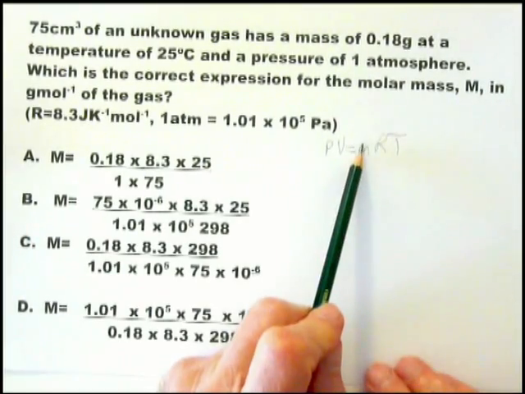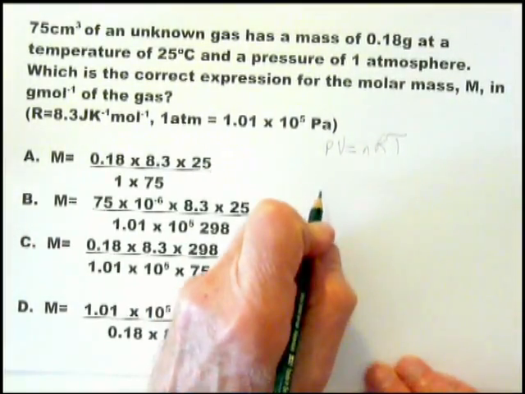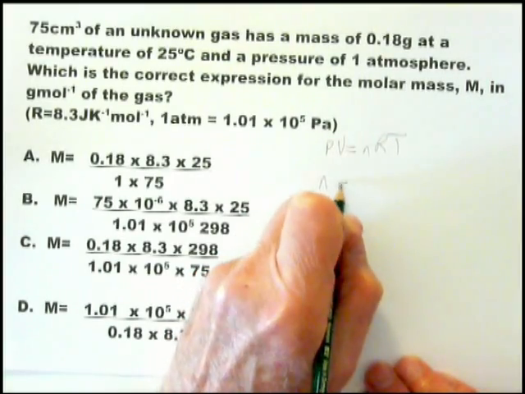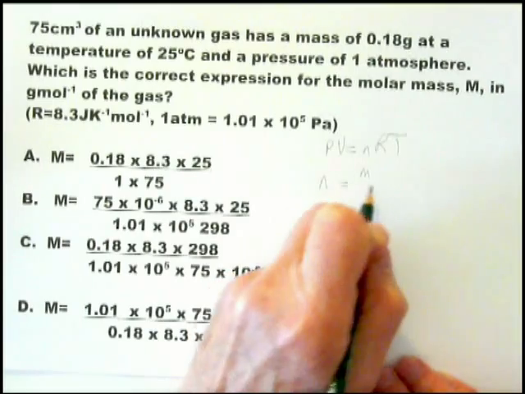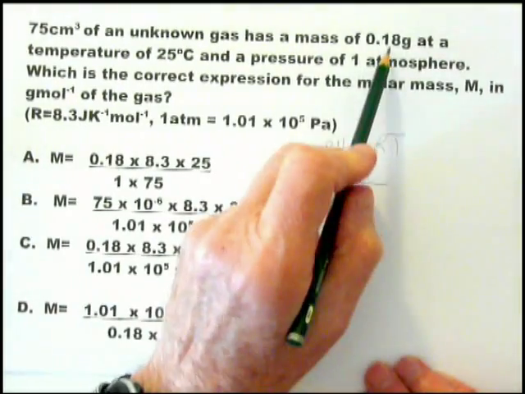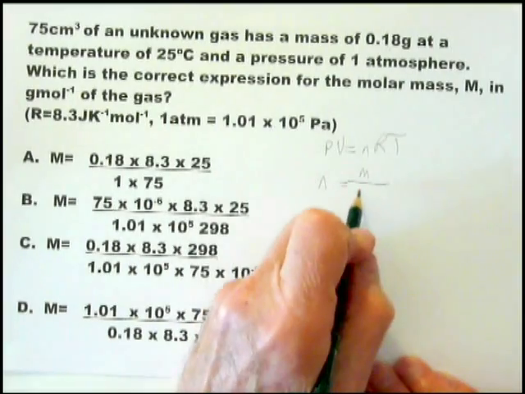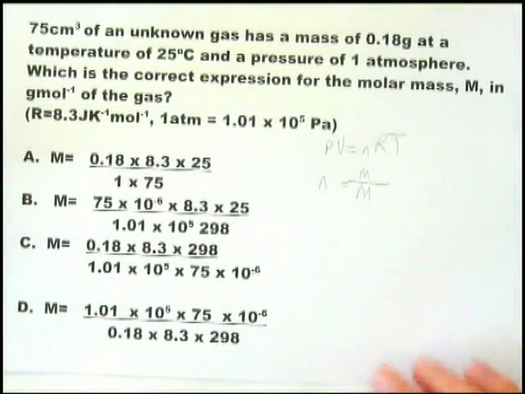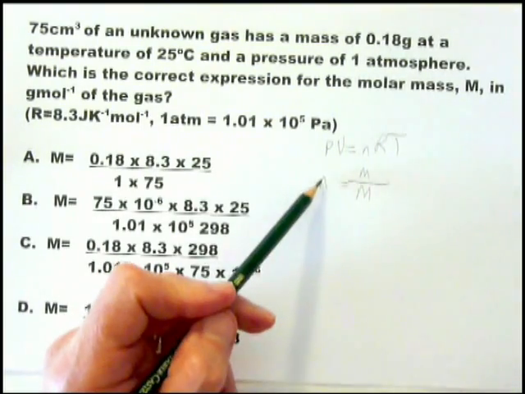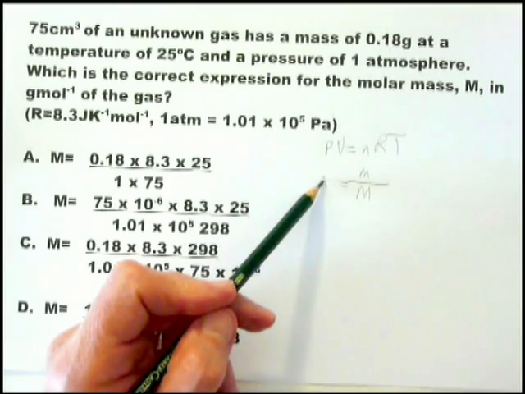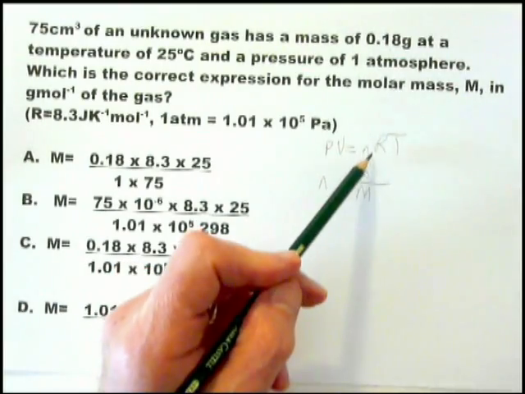So, we have to change the n, and we know that n, the number of moles, equals the mass of the material, in this case it's 0.18 grams, divided by big M, the molar mass. And so we either substitute for n in this equation, or we substitute for n in there.